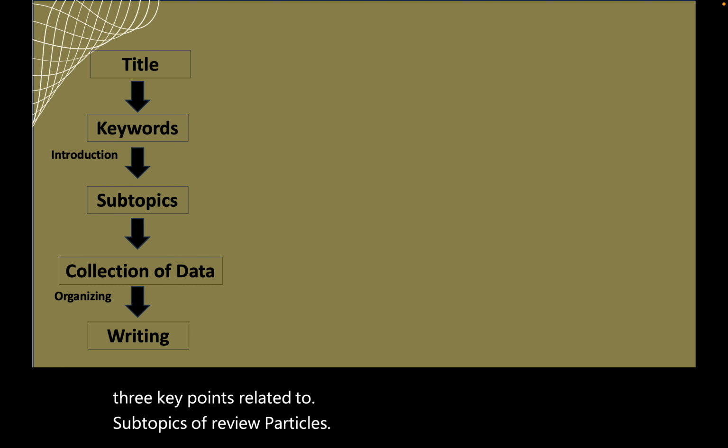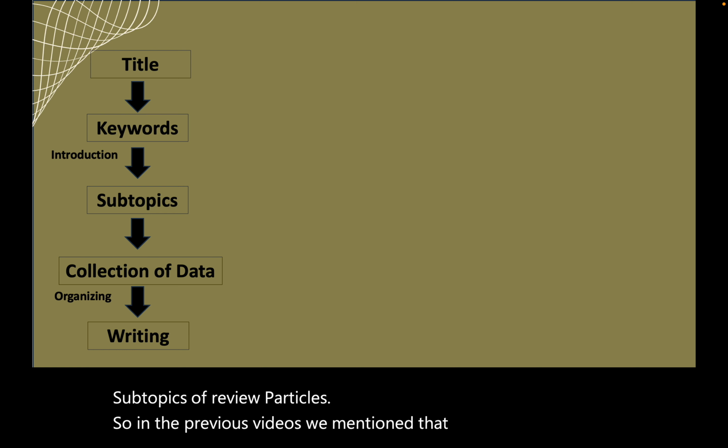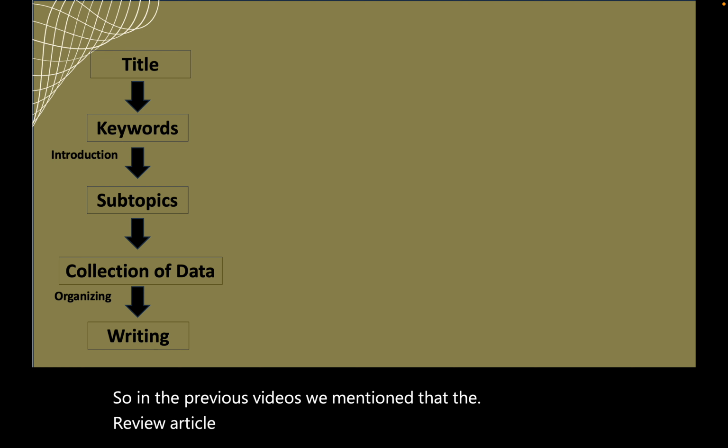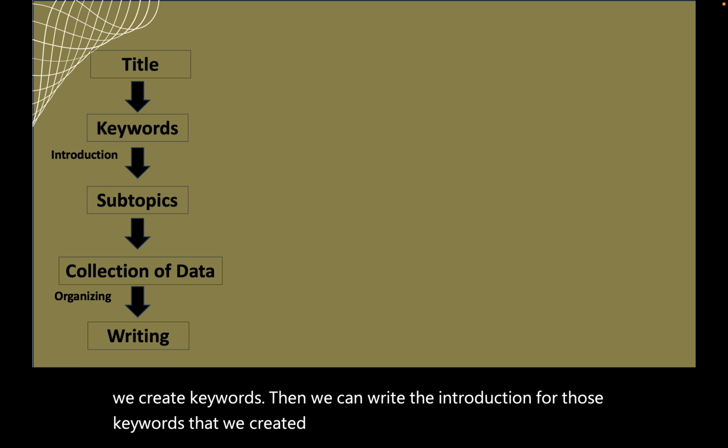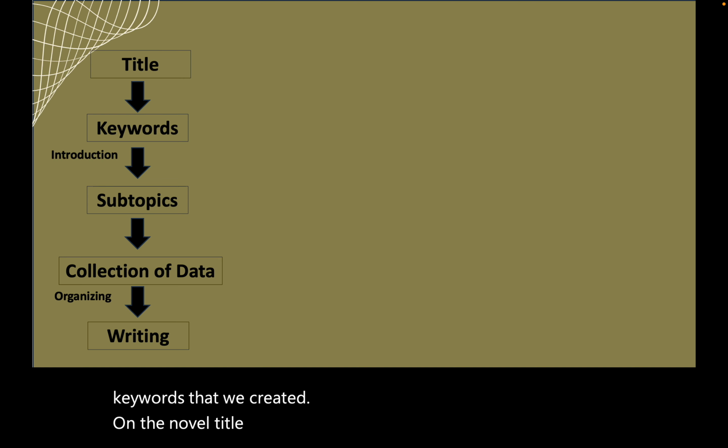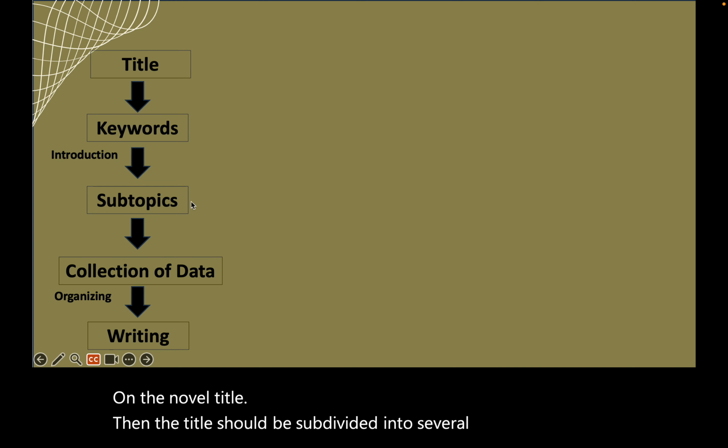In the previous videos, we mentioned that a review article contains a novel title. Based on the title, we create keywords. Then we can write the introduction for those keywords that we created from the novel title. Then the title should be subdivided into several subtopics.